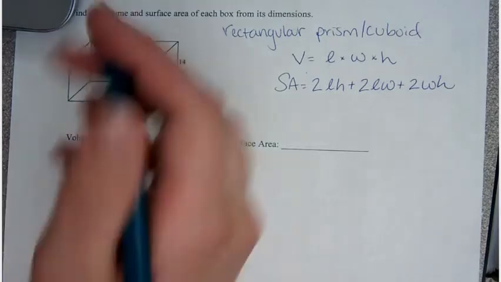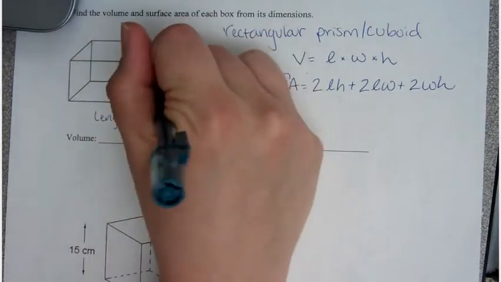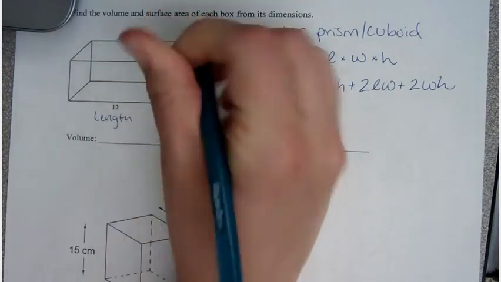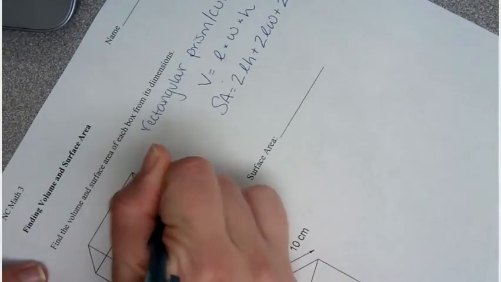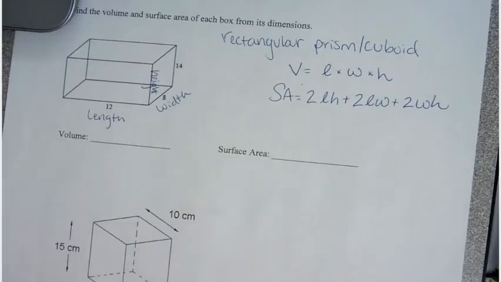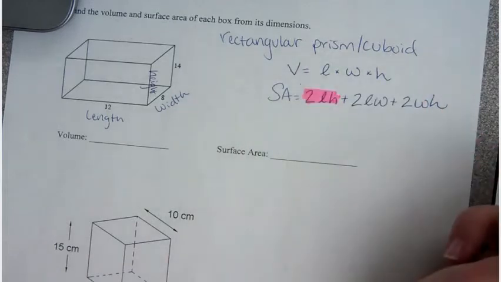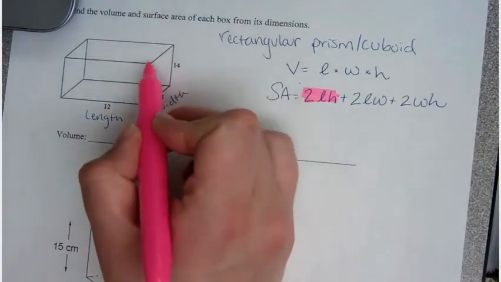So if we have length here, we have width here, and then we have height along this side, we can see that we're going to have two sides with the length and the height being our dimensions. So the first one is going to be this guy right here.